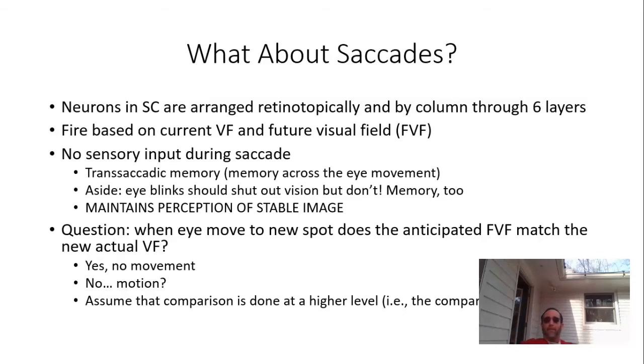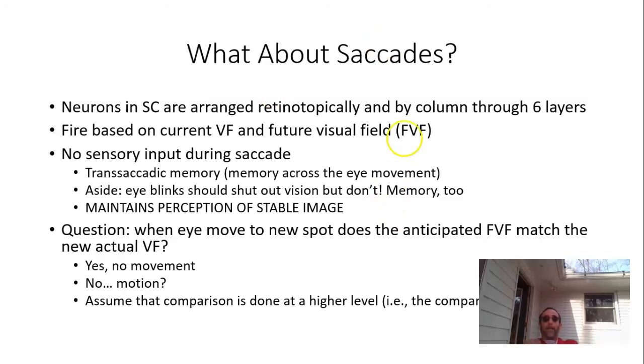One of the things the superior colliculus does, without going into a lot of detail, is create a pattern of neural activity based on what it's currently looking at, and it anticipates what will be there when the eye moves to the next spot.